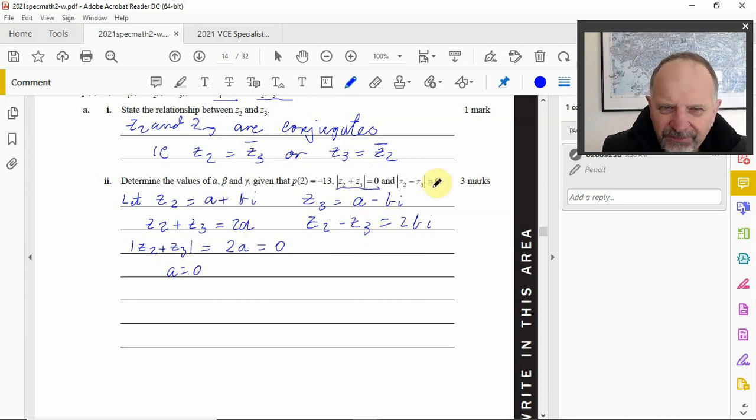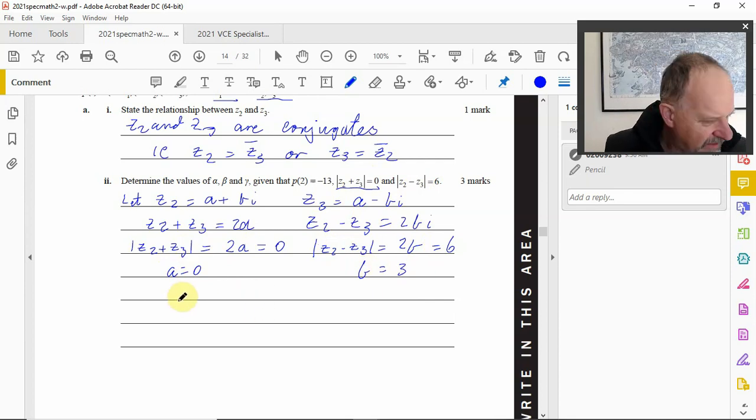And over here, the magnitude of Z2 minus Z3 then is going to be the 2B part, and that of course is 6, and so B is equal to 3. So therefore what we have is that Z2, which is A plus Bi, is 3i, and Z3 would be negative 3i, because they're the conjugates.